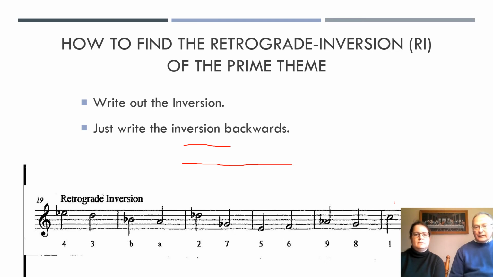So in your inversion, B was the first note, so B will now be the last note. And E flat was the last note of the inversion. So for the retrograde inversion, we're going to take the E flat first, and then do the second last note of the inversion, third last, fourth last, etc., all the way to the B, which is first.